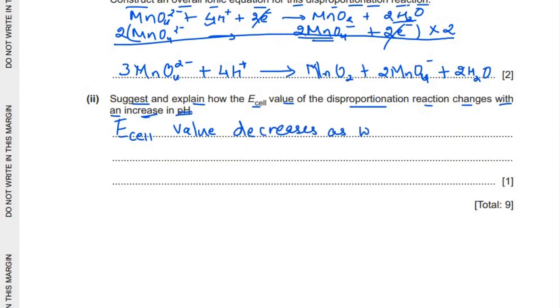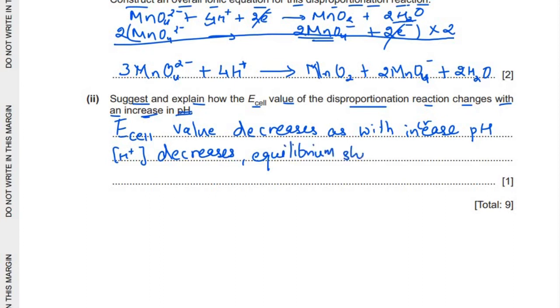with increased pH, the concentration of H+ decreases, equilibrium shifts left side, making the E value less positive.